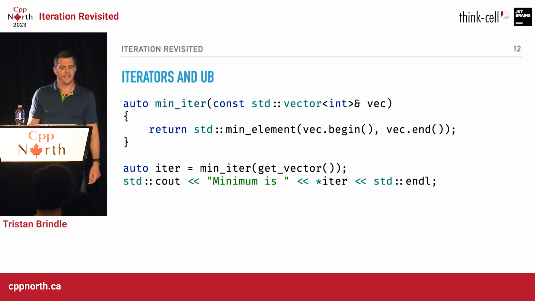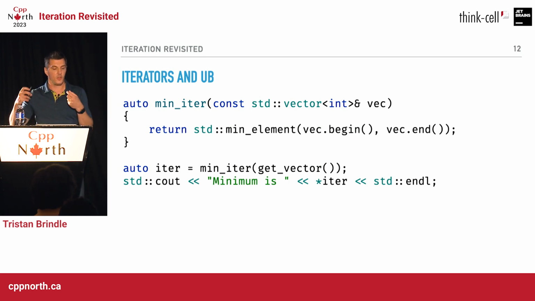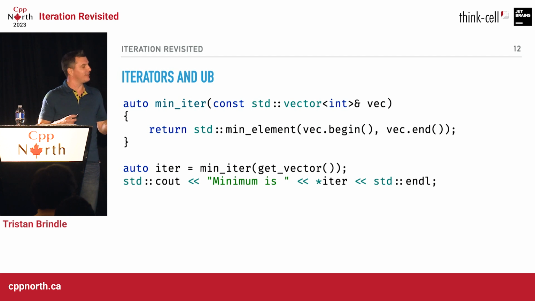Unfortunately, the way that this is written, if we have a function called getVector and it returns by value, that temporary vector is going to bind to the const reference. We're going to call min_element. That's fine. min_element is going to return an iterator into the vector. That is fine. We're going to save the returned iterator in this iter variable.